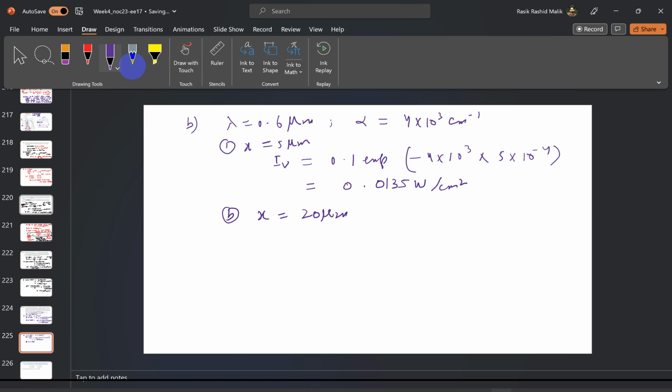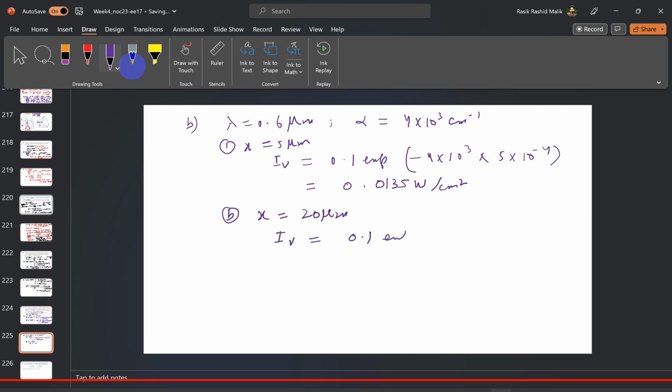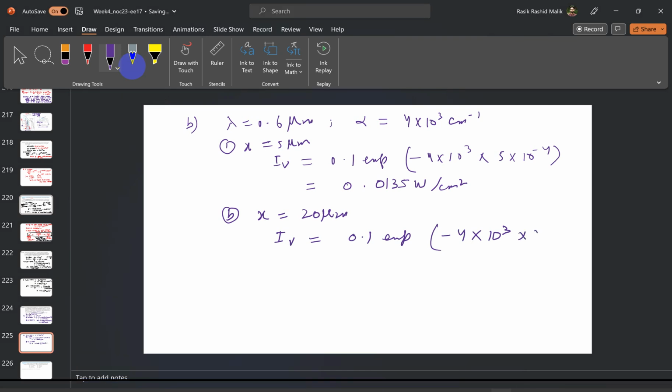We will have I(x) equal to 0.1 exponential of minus 4 into 10 to the power 3 into 20 into 10 to the power minus 4.